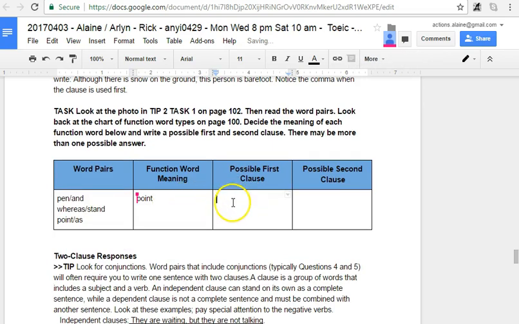The first possible clause is the woman is using a pen, and the second possible clause is to point something on the whiteboard.